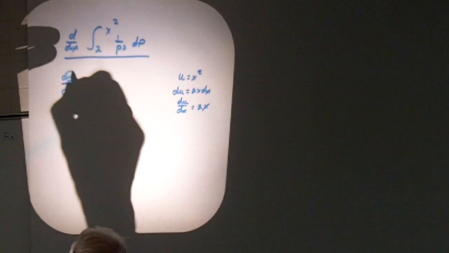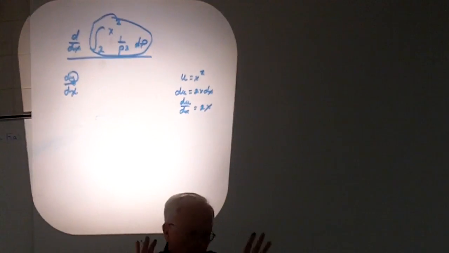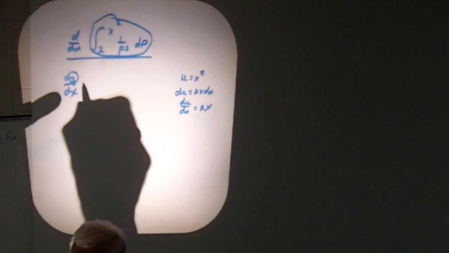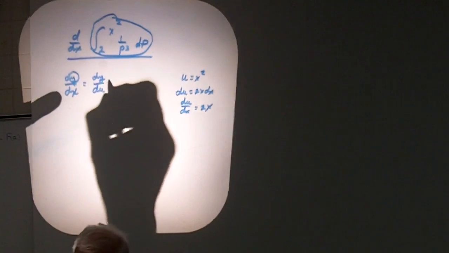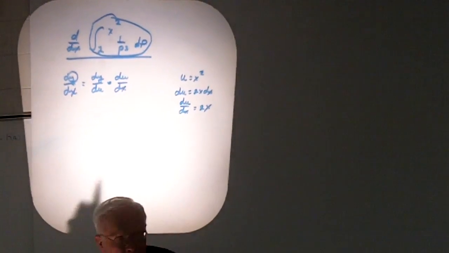And what I circle here is all of this stuff right here. That's a little tricky the first times we do things. Now, I know that this is equal to dy du times du dx, and you just have to kind of pull that out of your head.